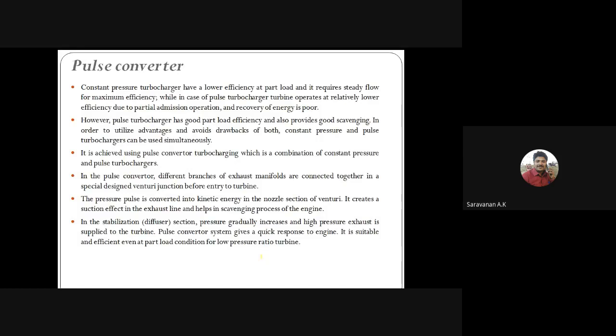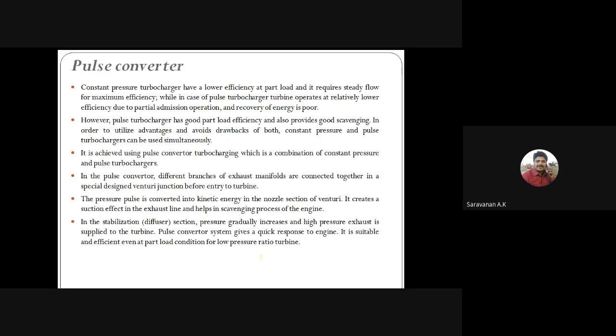Here we have different branches of exhaust manifolds, which are connected together in a specially designed venturi junction. The separate exhaust pipes are all collected at the end in the venturi junction, and through the venturi the turbine runs.